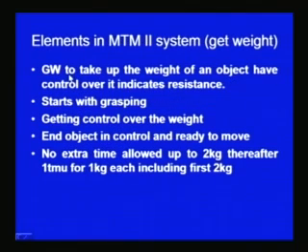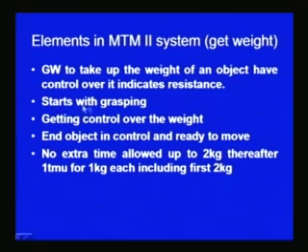Another element is GW, the grasp weight, which involves taking up the weight of an object and having control over it, which in turn indicates the resistance in having control over it and performing the desired motion.